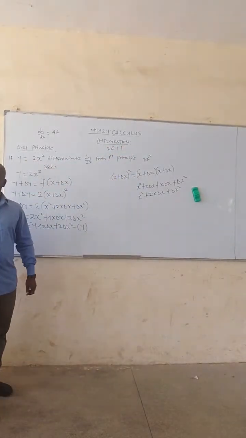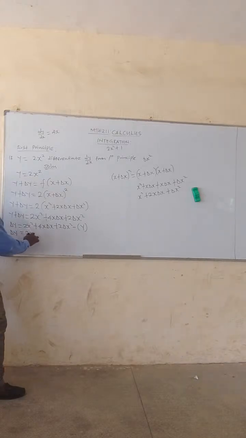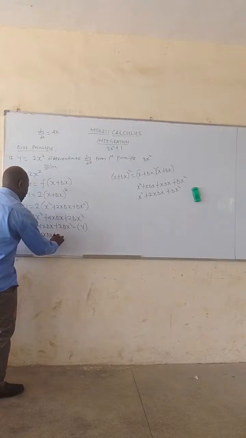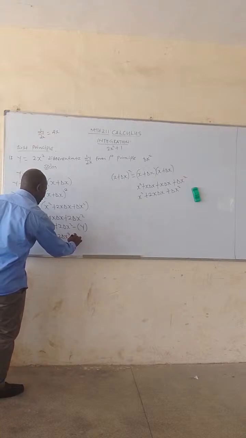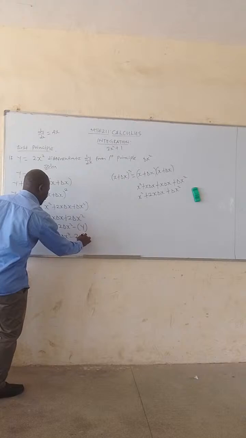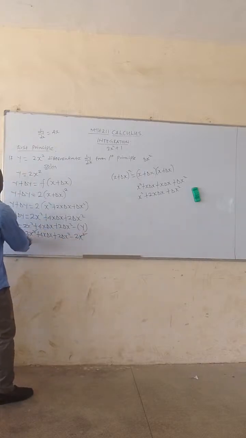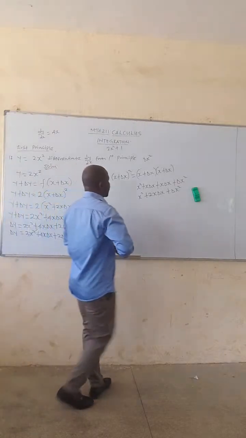Do you understand? So here, our dy is equal to, what is your y? Plus 4x dx plus 2dx squared minus 2x squared. So, 2x squared, right? At this point, you don't need a prophet to tell you this and this will go. True or false? Okay?